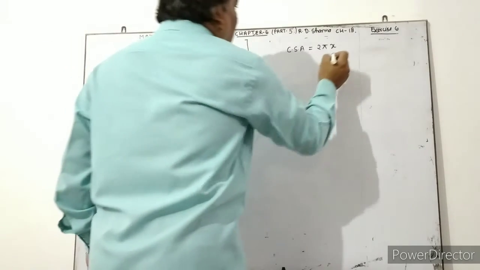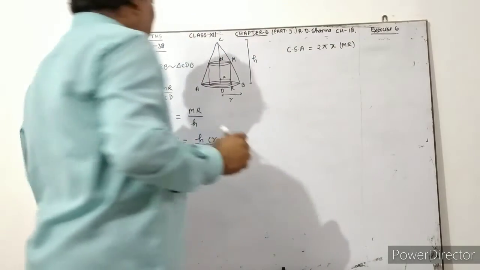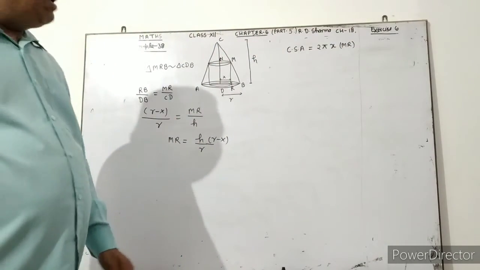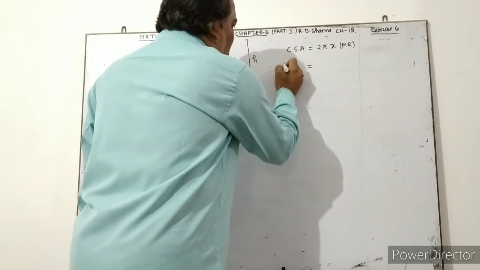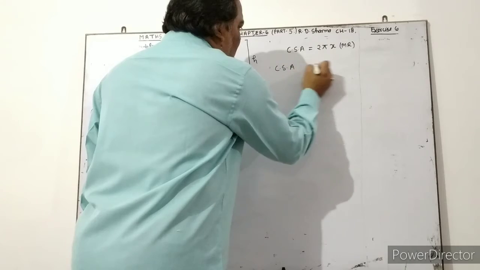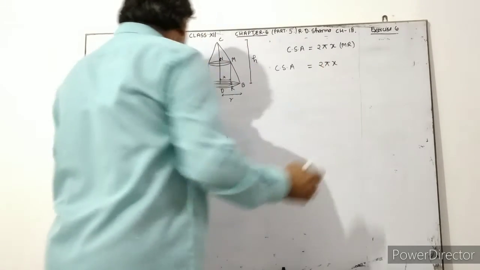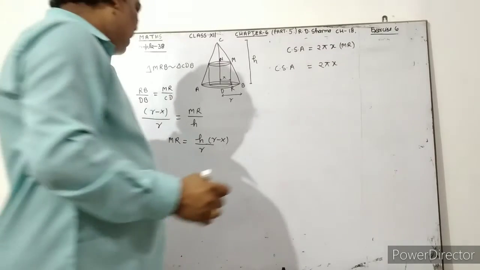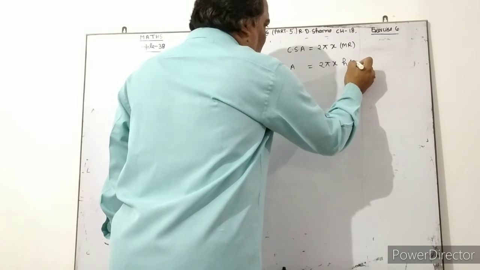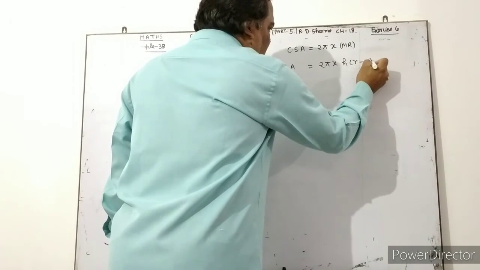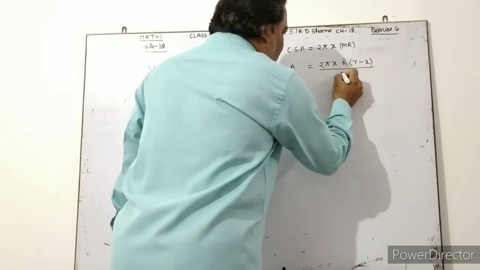H is the MR. Height of the cylinder is the MR. Now the curved surface area equal to 2 pi x, and what is the MR? MR is the h upon r, into r minus x.